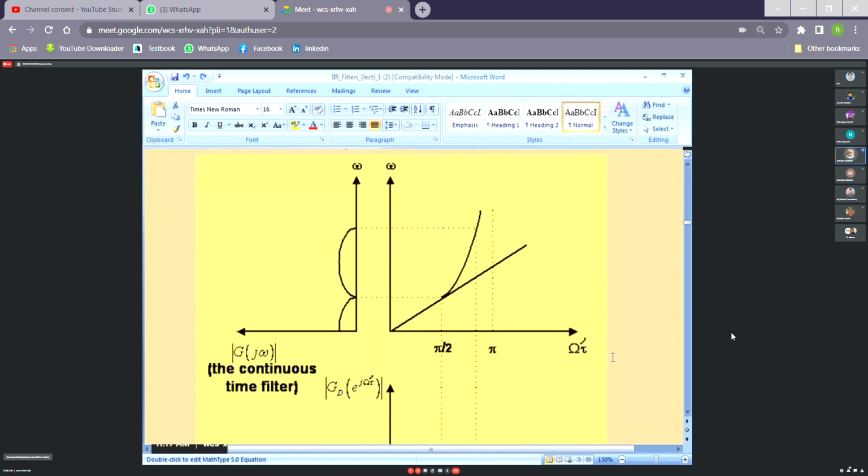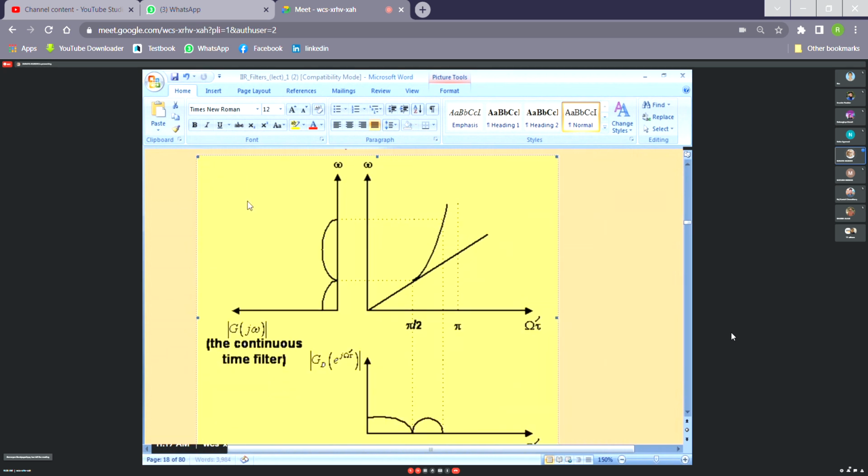Just see here that I have drawn a typical arbitrarily chosen amplitude response of a continuous time filter. This is the small omega axis, and that is the magnitude of G(j omega). So this is an arbitrarily chosen amplitude response of a continuous time filter that is being discretized by bilinear transformation.